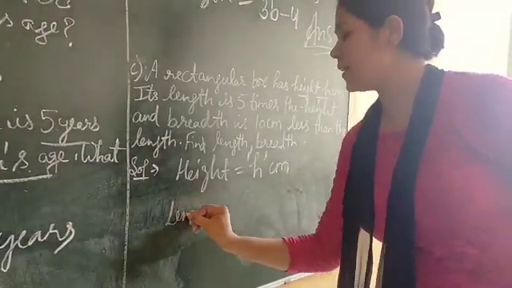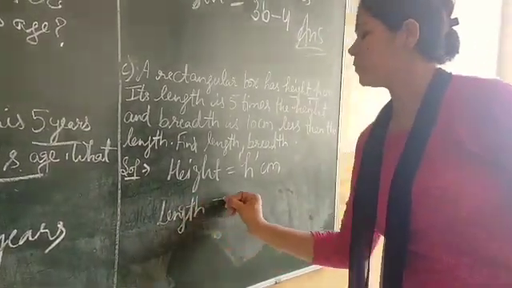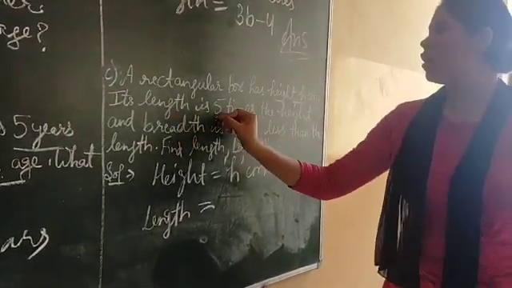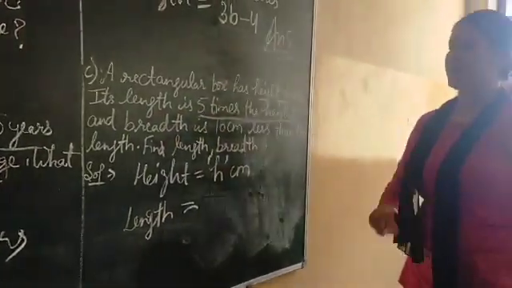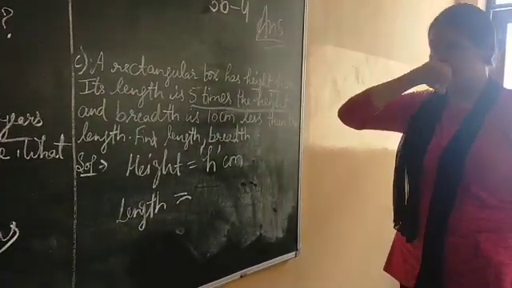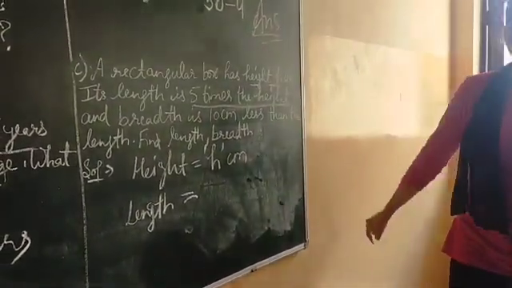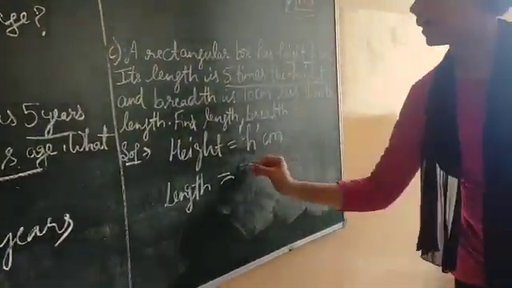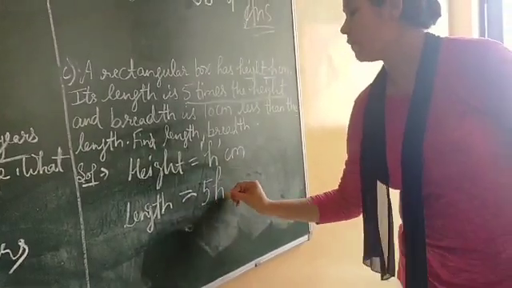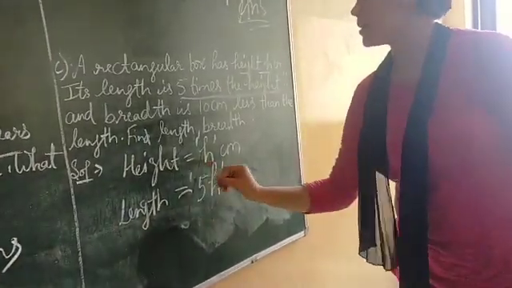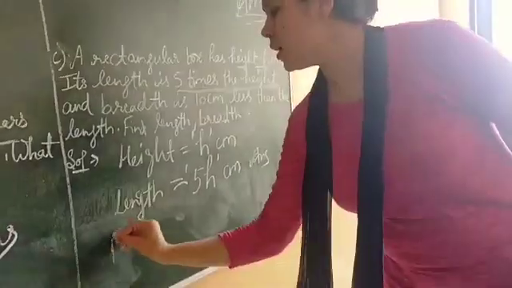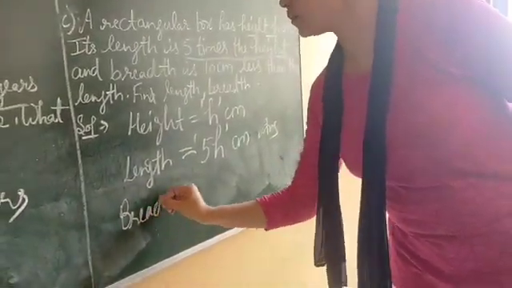First of all, we will find length. For length it is written, length is 5 times the height. It means if we do 5 times the height, then we will get length. Height is h, do 5 times of height. It will be 5h. So this is the length. Now you have to find breadth also. Write here breadth.